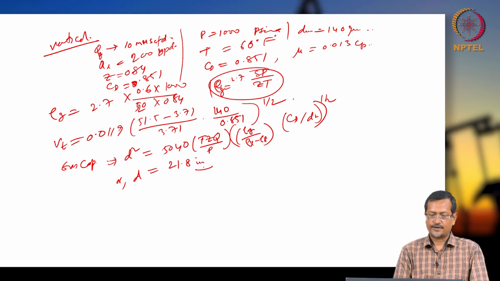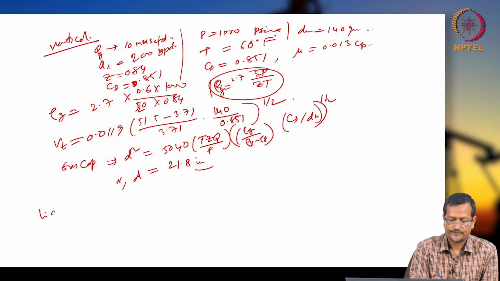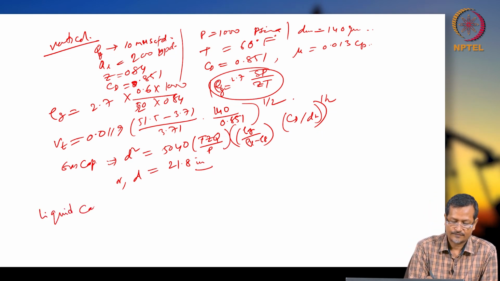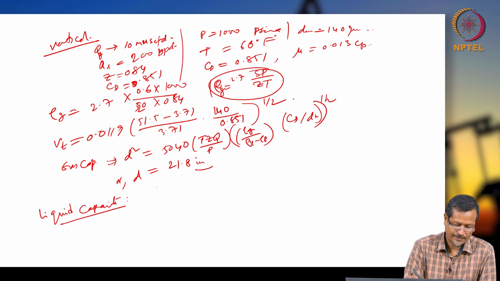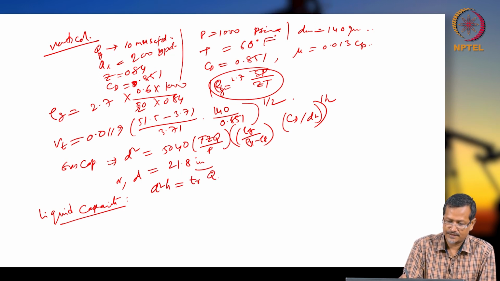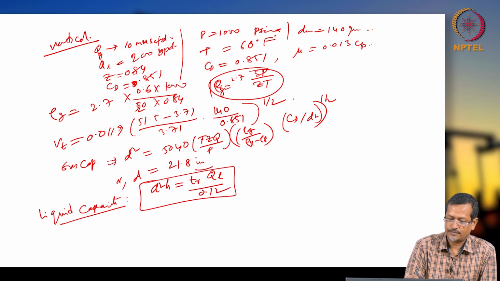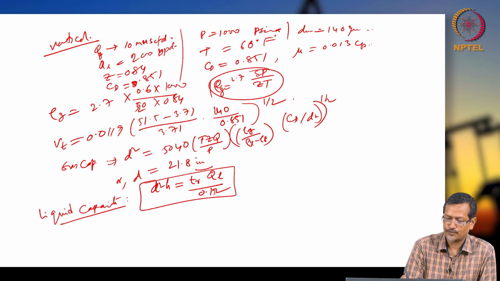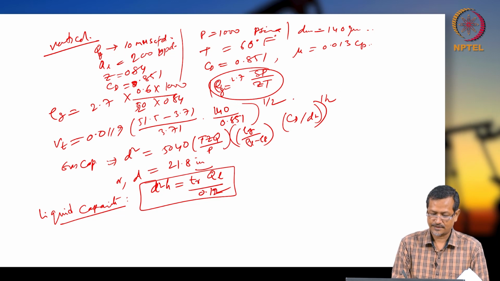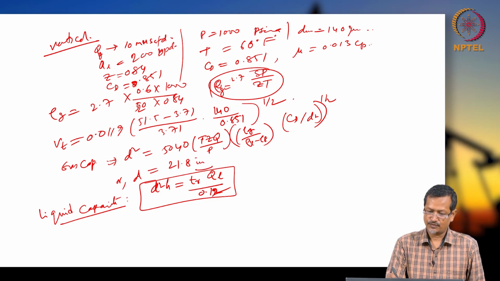Okay, directly we got the diameter. Now you have to go to liquid capacity. Liquid capacity will give D square H equals TR, the retention time, times Q liquid, divided by 0.12. So here the constant term is changed, actually 0.12. Previously it was 0.7 in your horizontal separator.